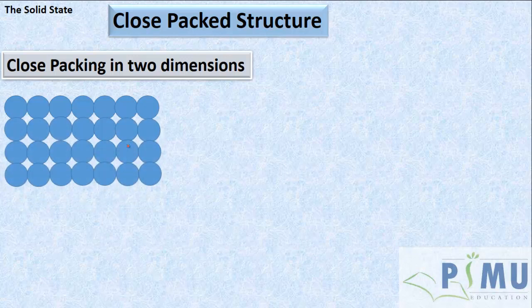When we arrange the particles like this in 2 dimensions, each particle is surrounded by 1, 2, 3, and 4 particles, right? In this 2-dimensional packing, each particle is surrounded by 4 other particles.